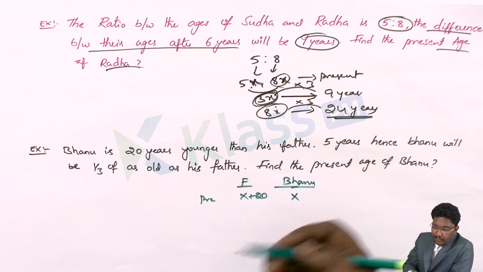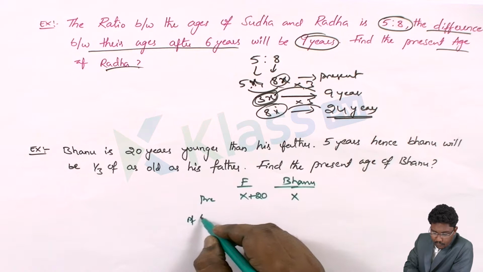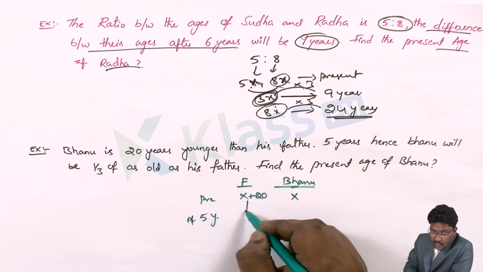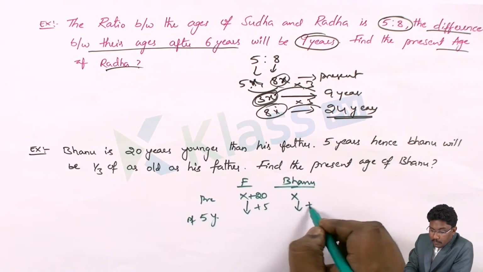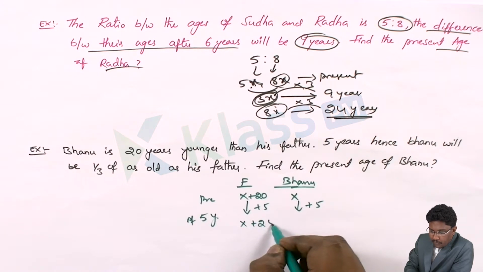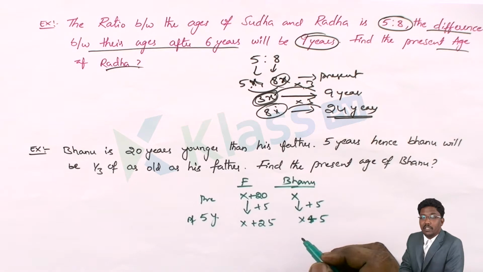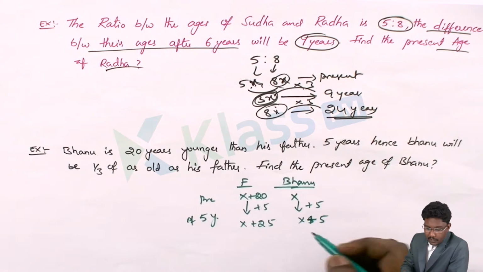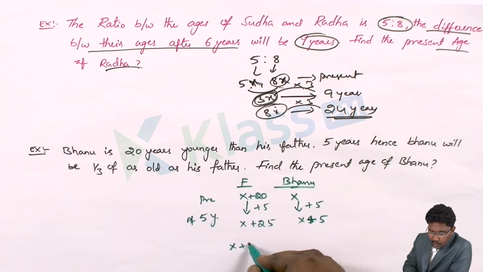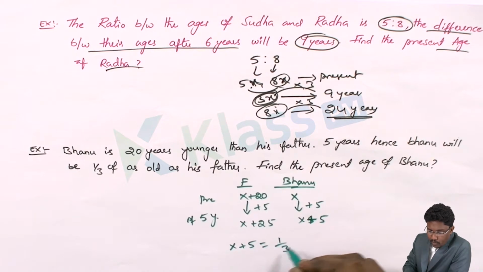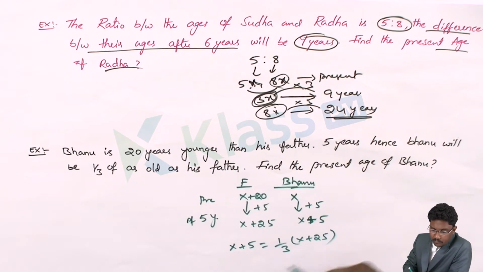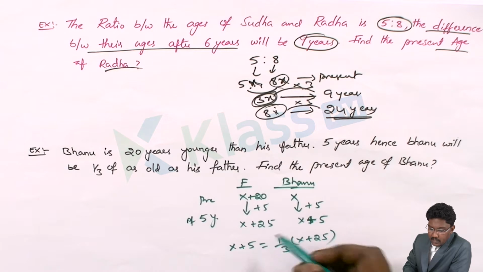Now, after 5 years, increase 5 years for both persons: x plus 25, x plus 5. Now, what is the relation between the father's and Banu's age after 5 years? Banu's age will be equal to 1/3 of his father's age.